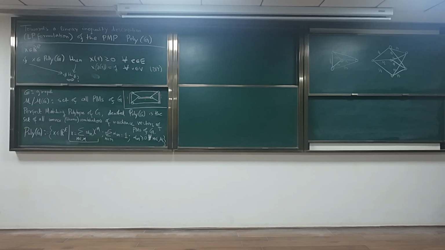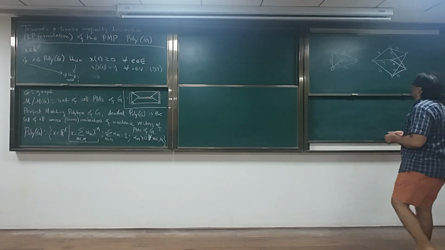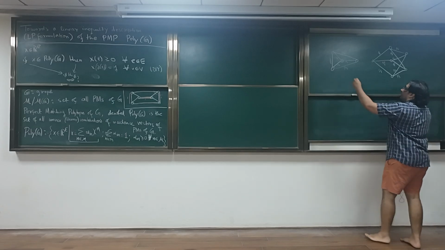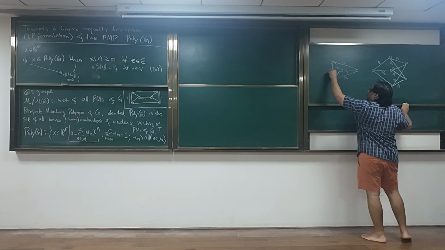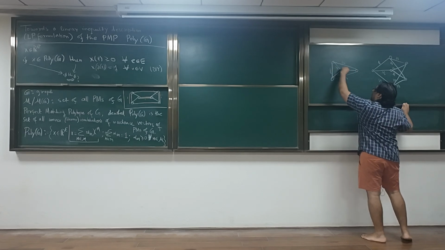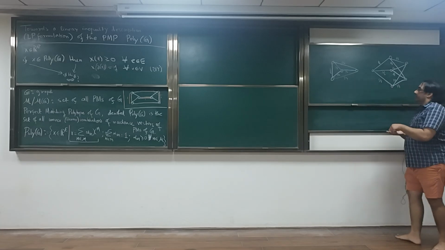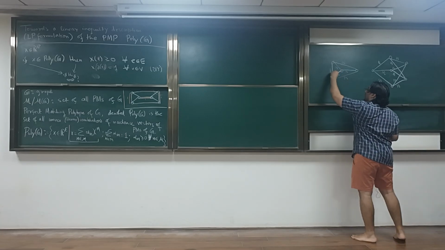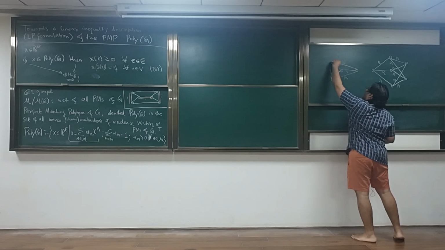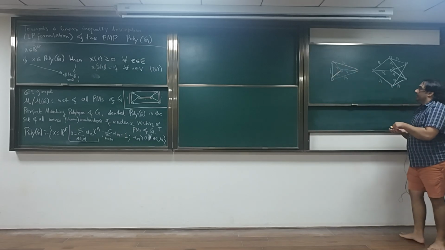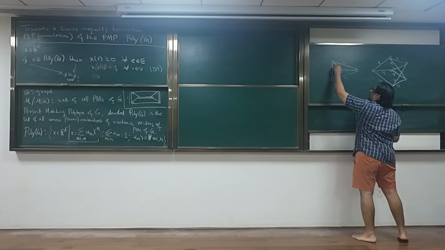So, I have 3 colors here. Somehow pink is missing. Okay, so we'll take blue, the blue perfect matching. There is the orange perfect matching. And there is the yellow perfect matching.